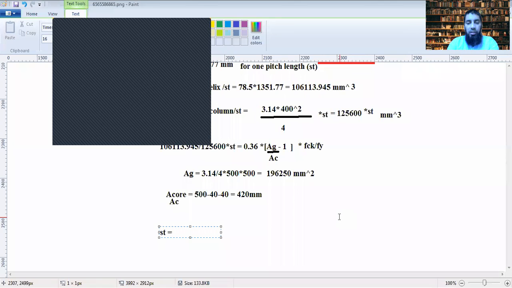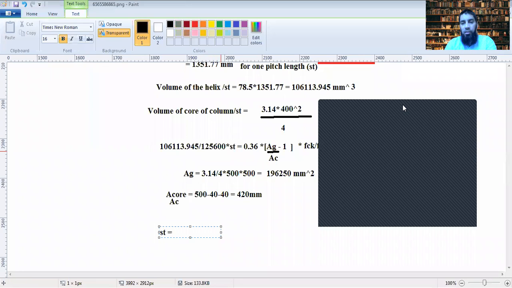That's 0.36 into 30 by 500. This is coming out to be 10.07.